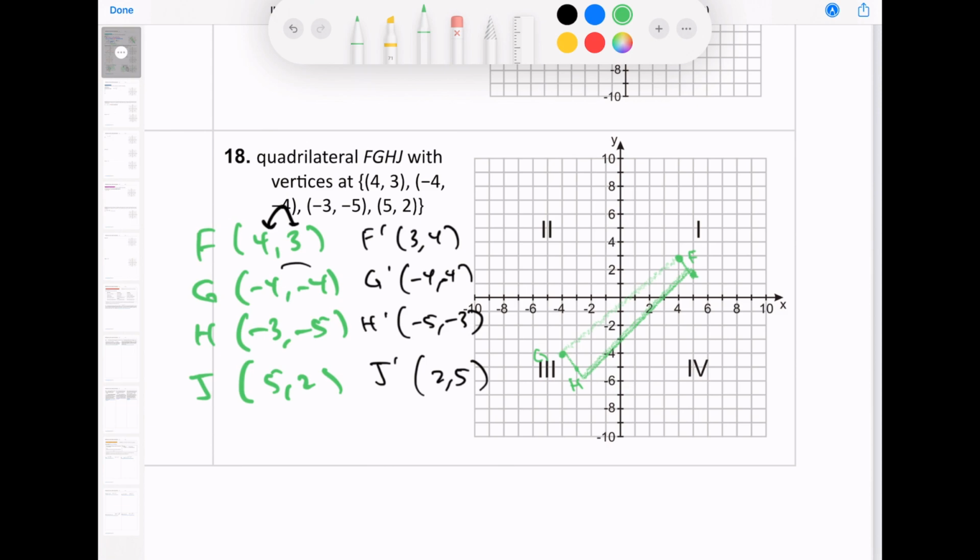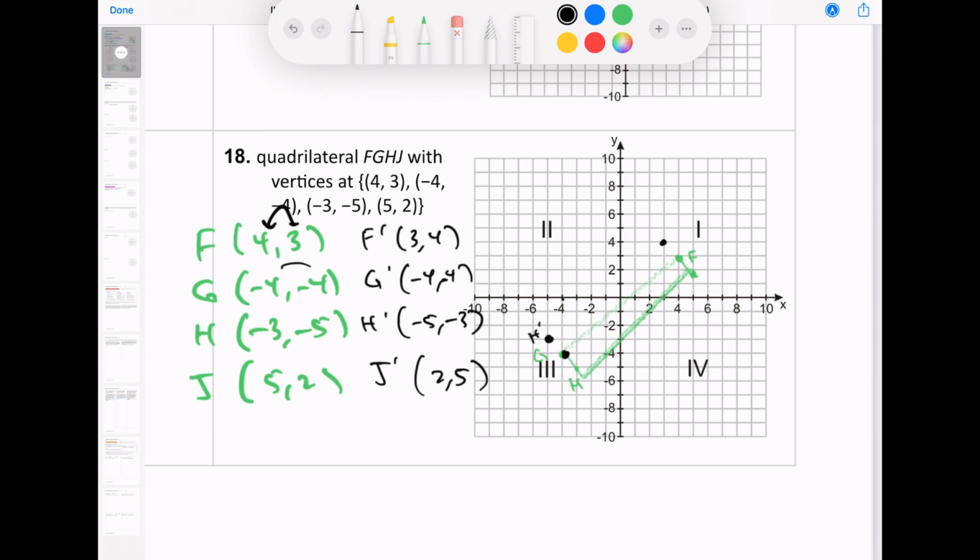Okay, let's go ahead and graph now the inverse. Right 3, up 4. Left 4, down 4. Left 5, down 3.